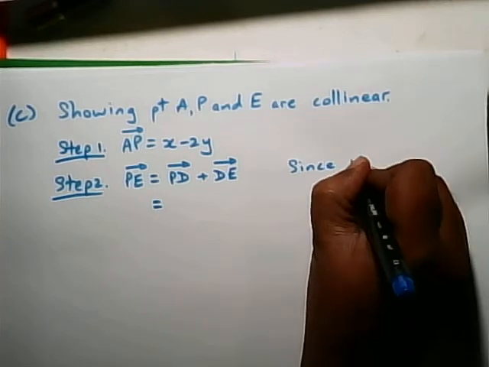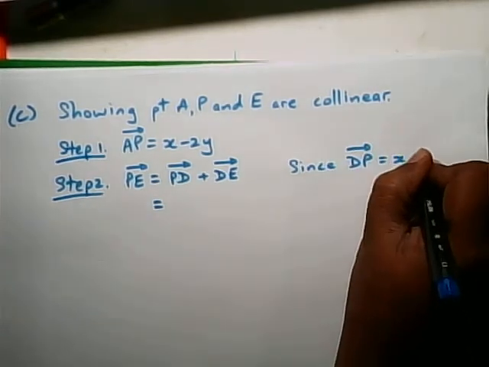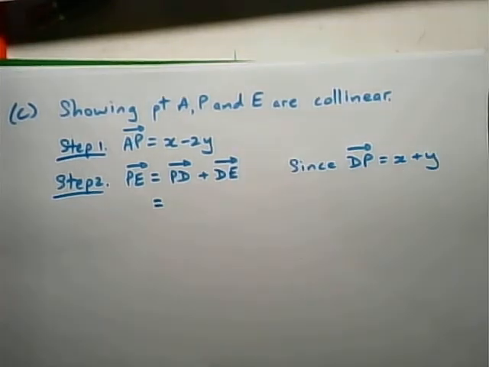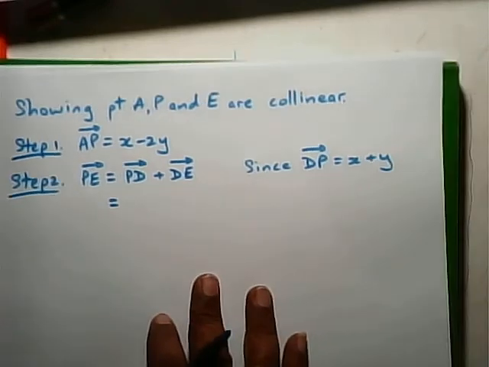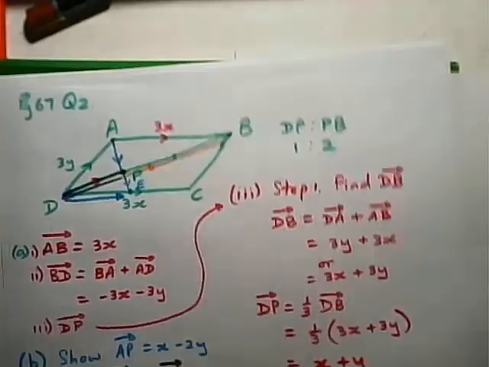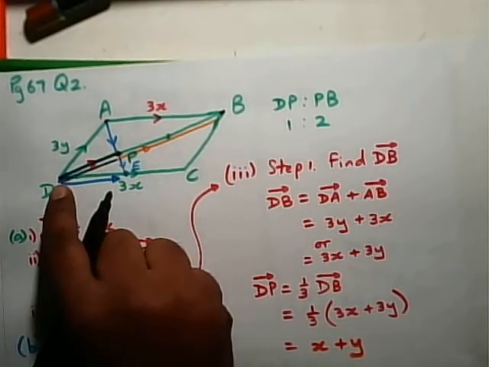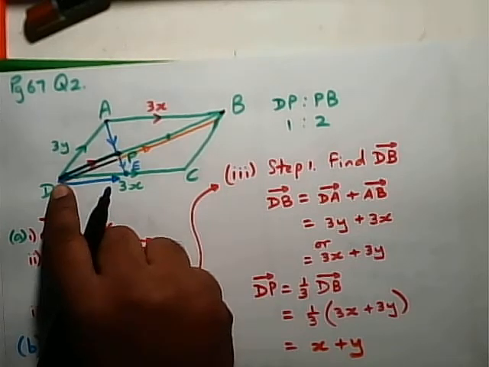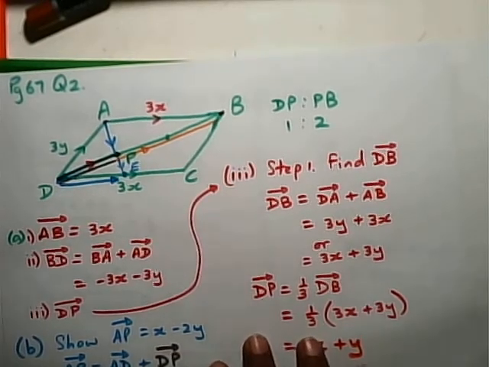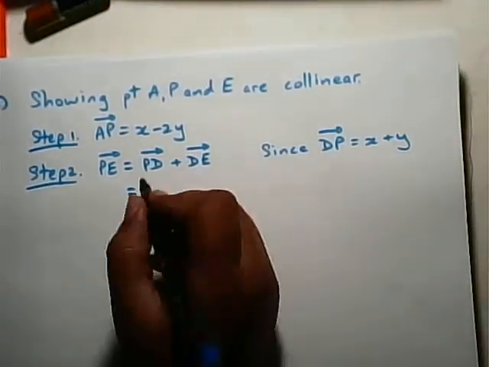You have to remember what you did in the past because you're going to use that past answer to help you out here. DP is x plus y, so you need it in reverse. That will be the negative of x plus y.